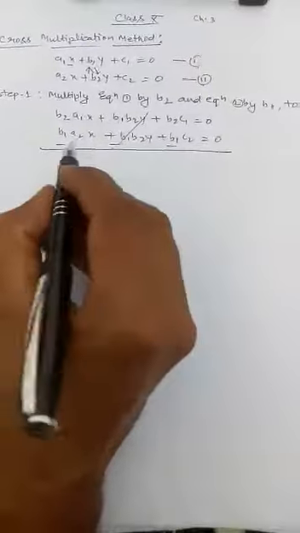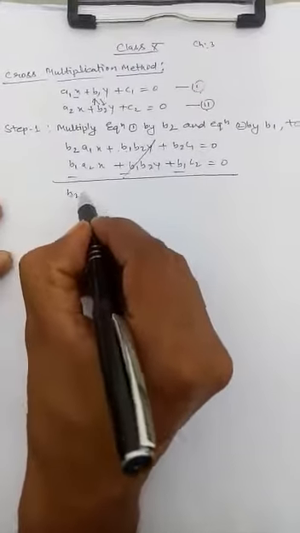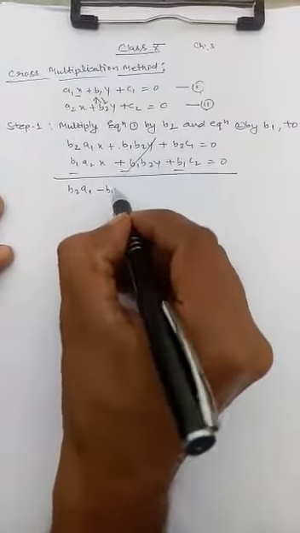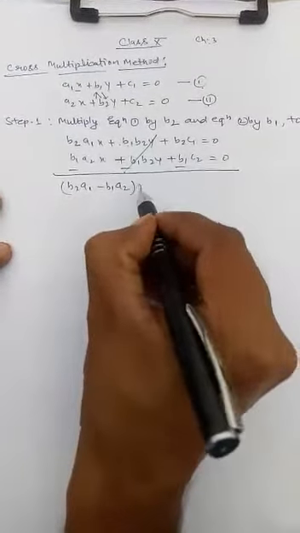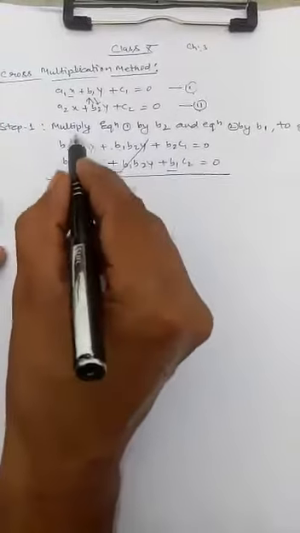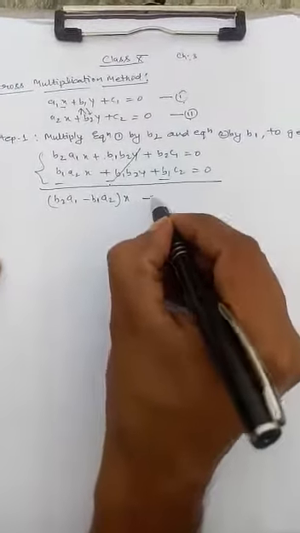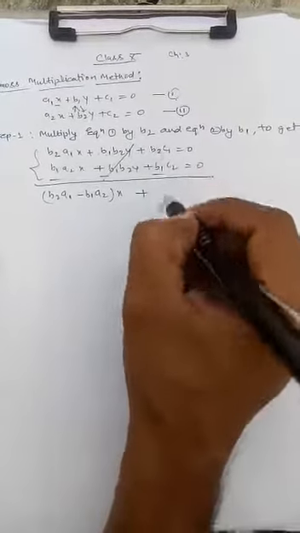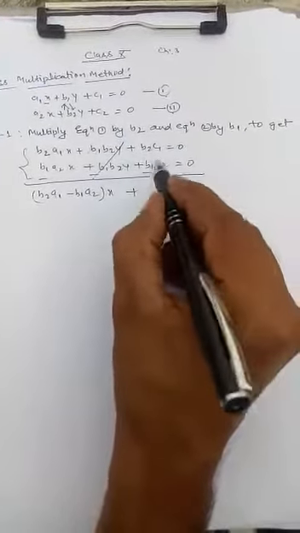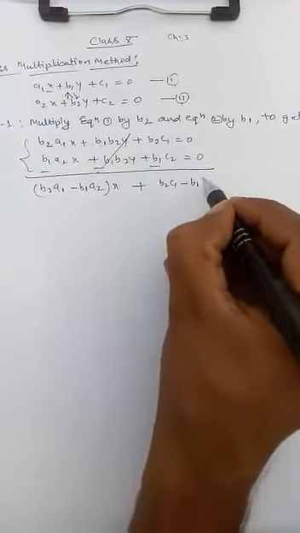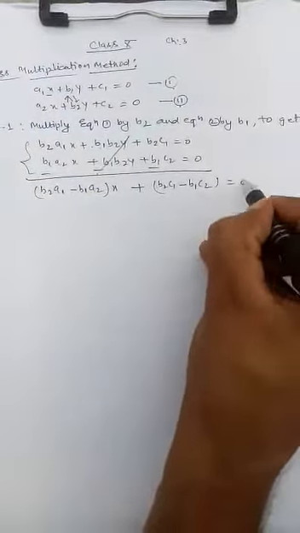Now while taking common, here we have b2 a1 minus b1 a2 and x. I have chosen x as common from these two terms. Similarly, here nothing we can take common, so we will have b2 c1 minus b1 c2 equals 0.